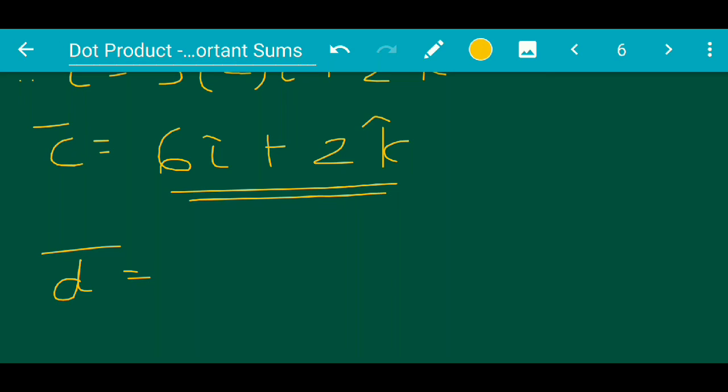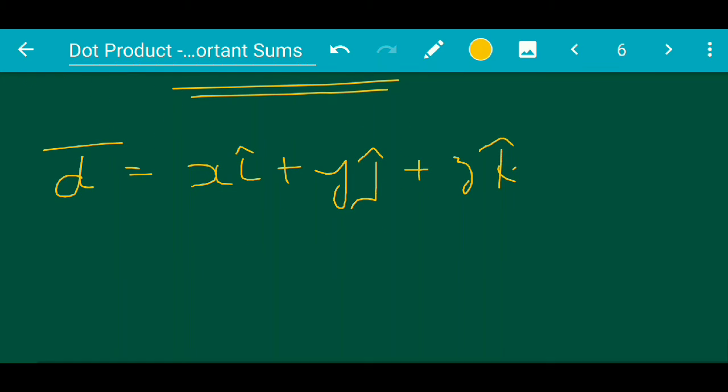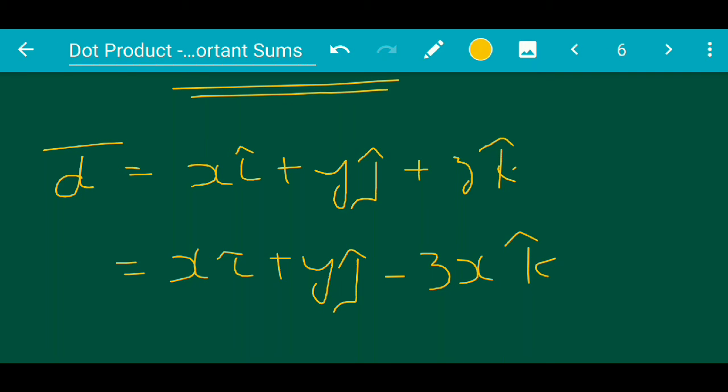The value for d bar, in the same way, d bar was xi plus yj plus zk, but then z was actually minus 3x. So it is actually xi plus yj minus 3xk. Okay, this we had shown earlier.